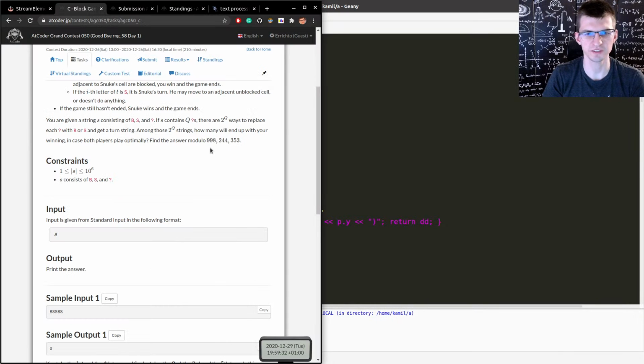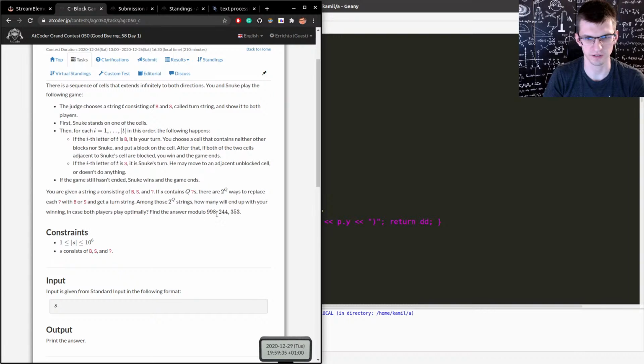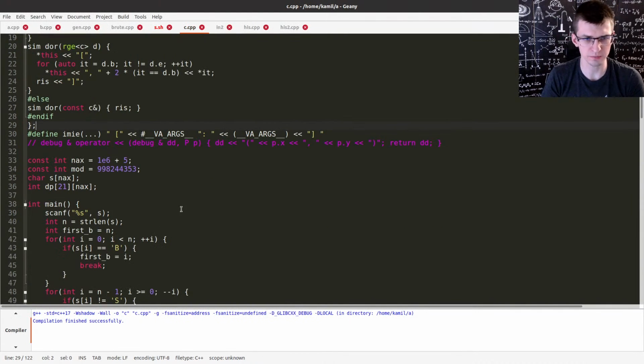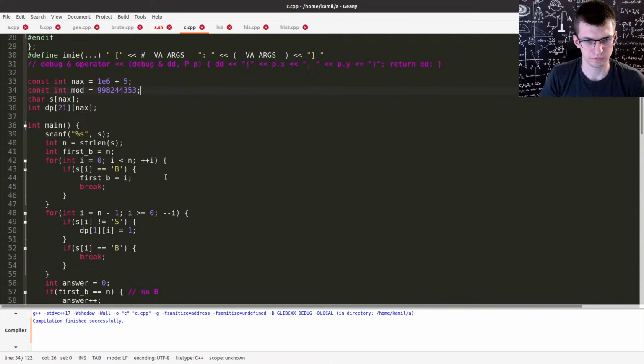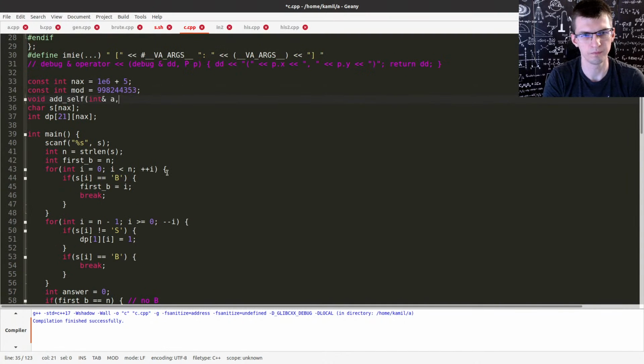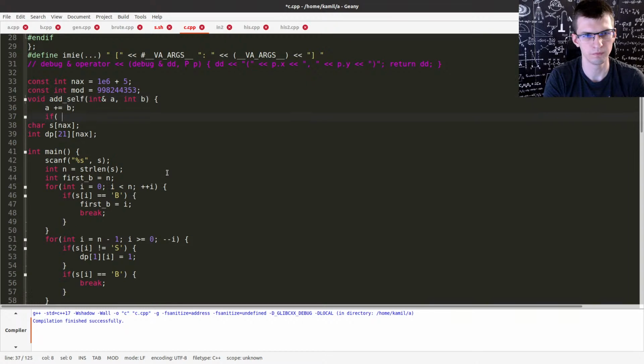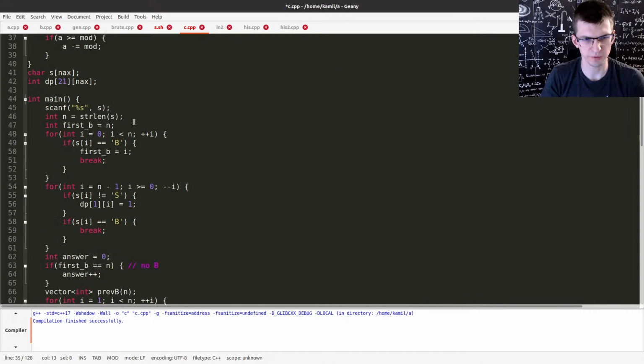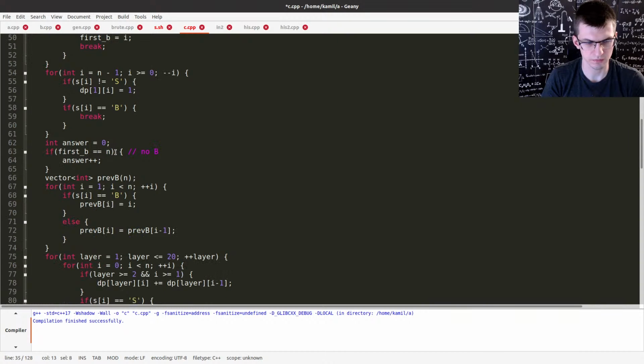I prefer if statements allow you to copy paste this value instead of putting those things for clarity. It's not that I really need to see what is this number exactly, other than to copy paste it to the code. I guess add self will be the most common function. Maybe not, we'll see.